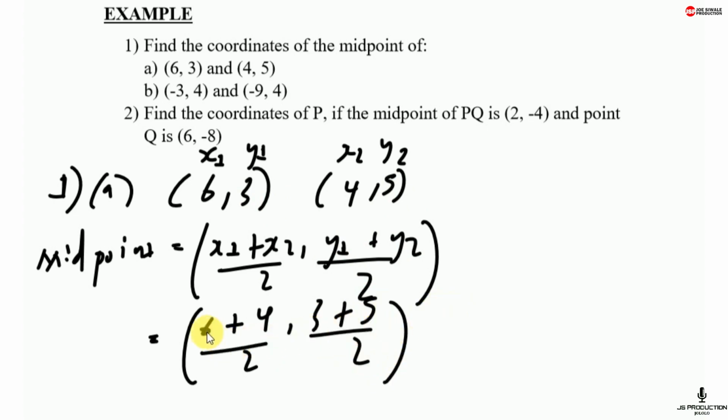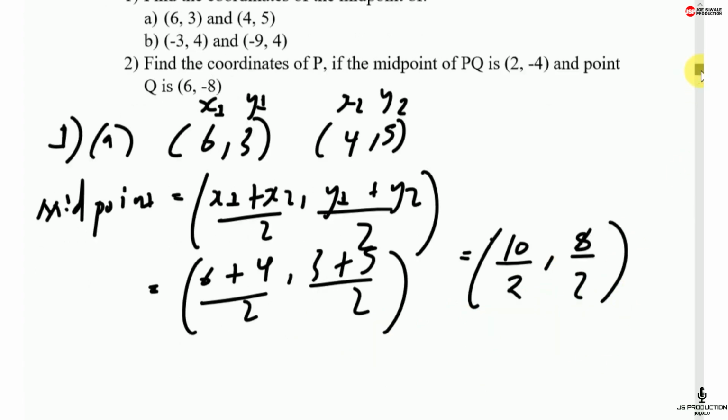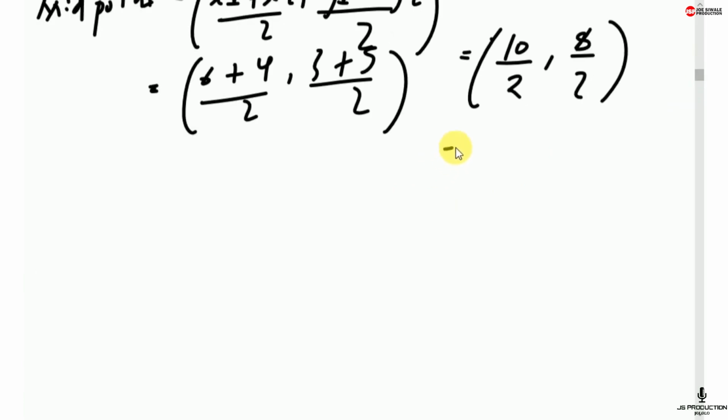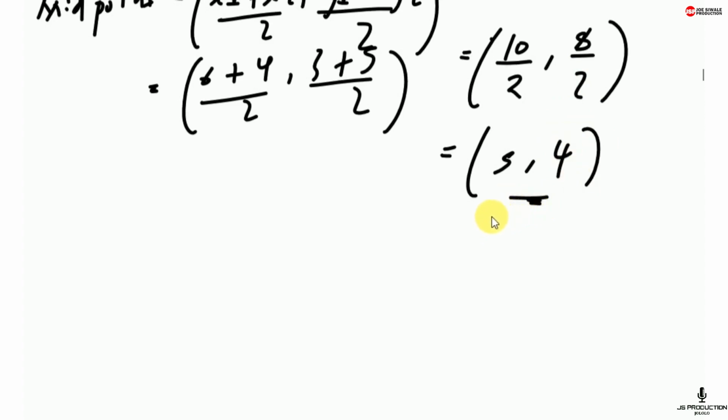So 6 plus 4, that's 10 divided by 2, comma 3 plus 5, that's 8 divided by 2. And from this I can say 10 divided by 2, that's 5, comma 8 divided by 2, that's 4. So our midpoint there is (5, 4).